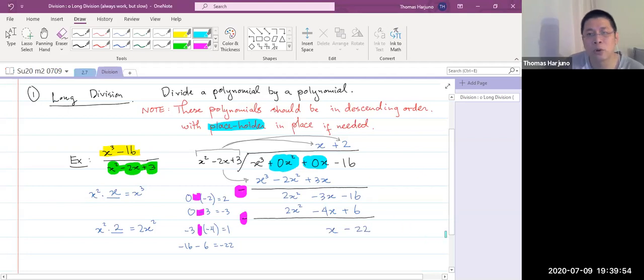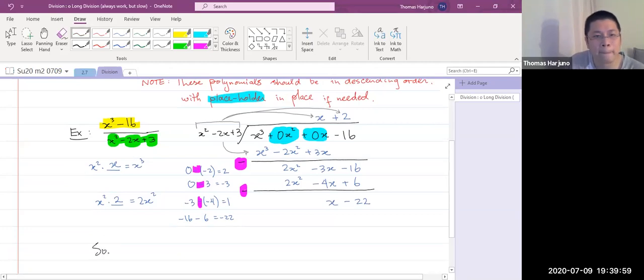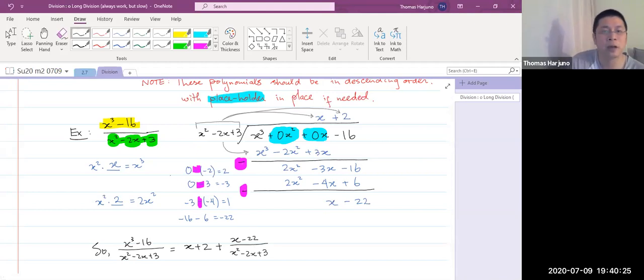So the solution is: x cubed minus 16 divided by x squared minus 2x plus 3 is equal to x plus 2 plus whatever the remainder is, divided by x squared minus 2x plus 3. That's the final answer.